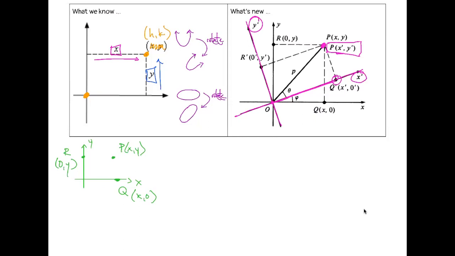Similarly, if I go up the y-axis, this y prime, until I get to a certain number, that's going to give me the y prime coordinate of that point. So if I take this pink axis and I draw it down here, it looks something like this.